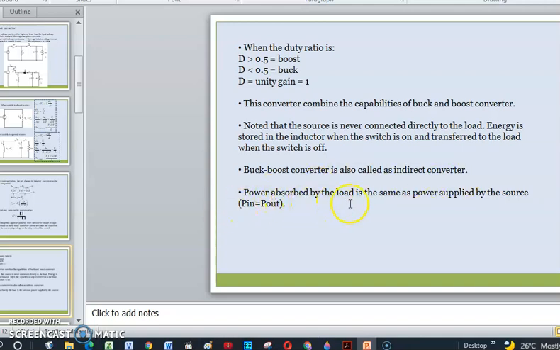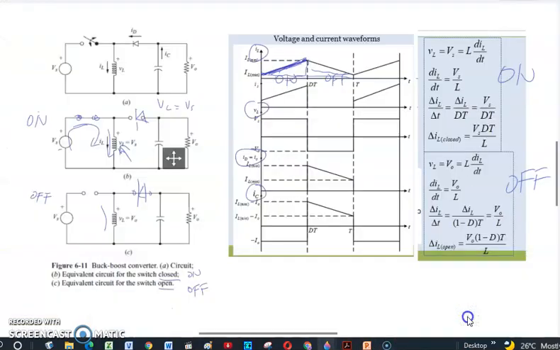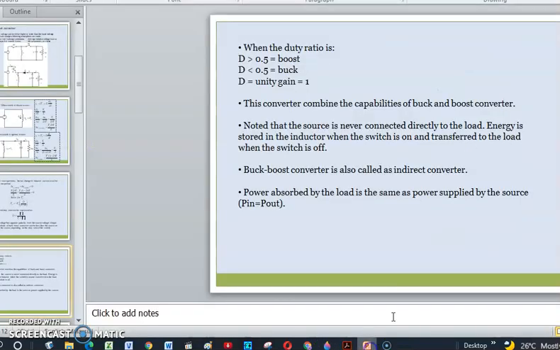The power absorbed by the load is the same as the power supplied by the source. So we consider that the losses in the inductor and in other components are not considered, meaning all the power delivered by the source is transferred to the load.